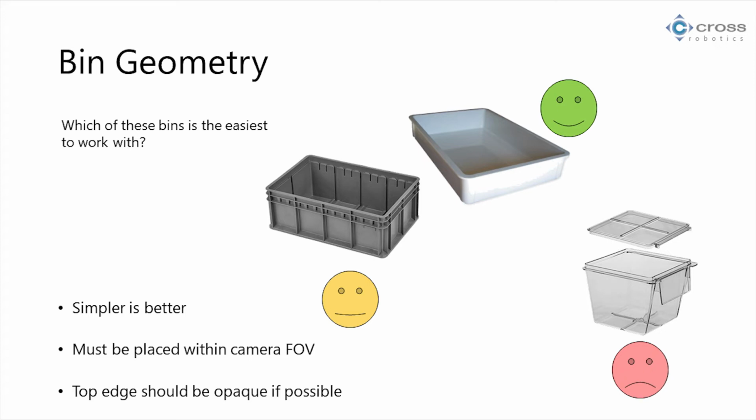Most bin picking systems don't really care about the inside of your bin, they just care where that outside boundary is. So having super complicated features on the inside of your bin can lead to unpredictable situations with your robot, right? And then who wants to tell me why this one would be a nightmare?